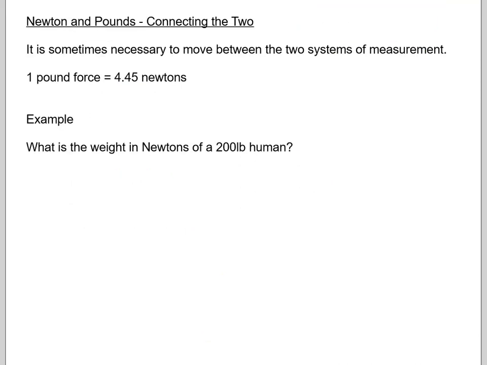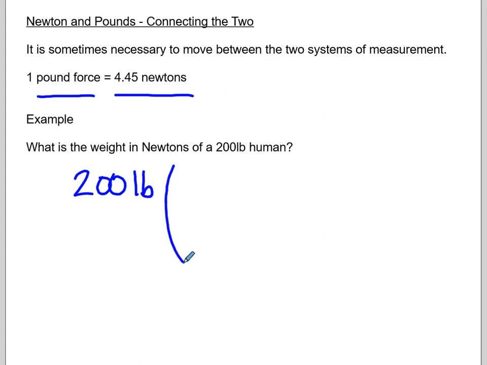Sometimes we do have to move between newtons and pounds, so connecting the two, 1 pound of force is equal to 4.45 newtons. We've done these types of conversions before. So if you have a 200 pound person, this is very similar to what we did with our motion unit. I have a ratio of 1 pound on the bottom, 4.45 newtons on the top.